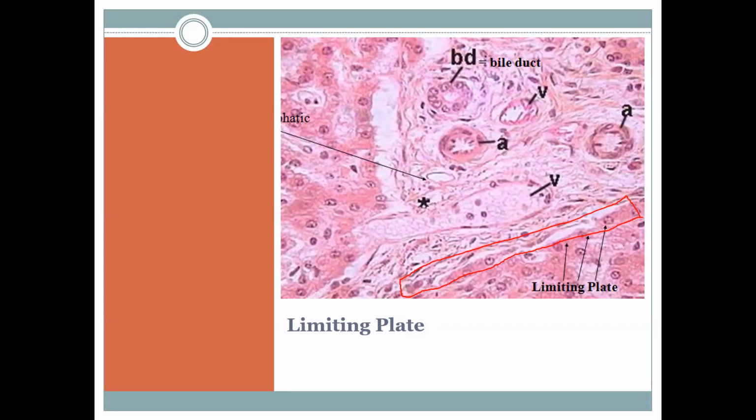So when those inflammatory cells cross the limiting plate and spill over into the hepatic lobule, this is what you are going to be calling a hepatitis, okay? So it is not there actually. It is in theory something that scientists and pathologists construct in order to mark the presence of hepatitis or not.